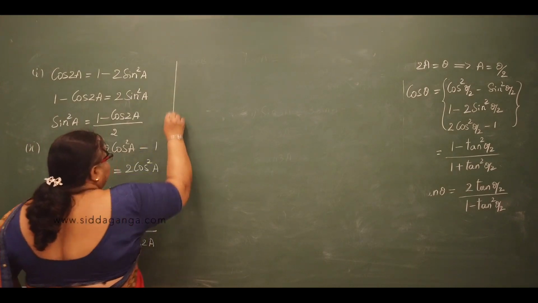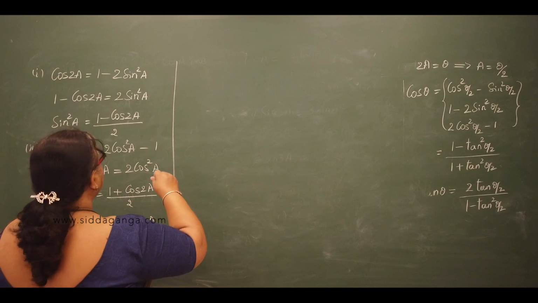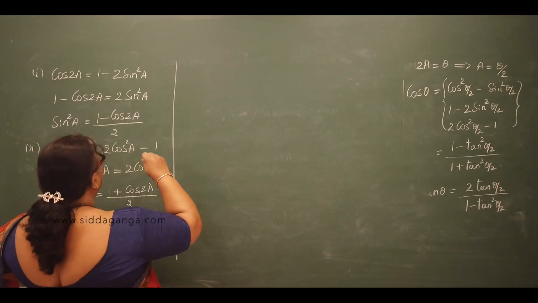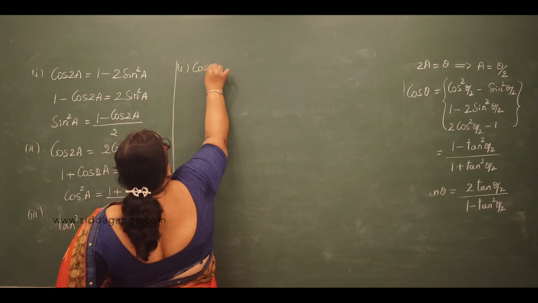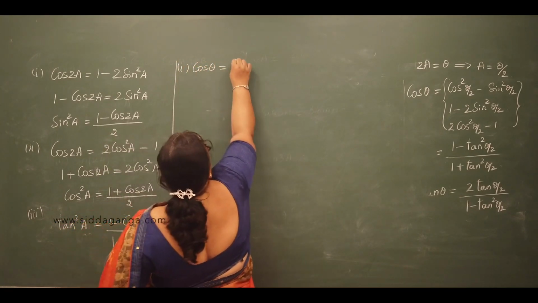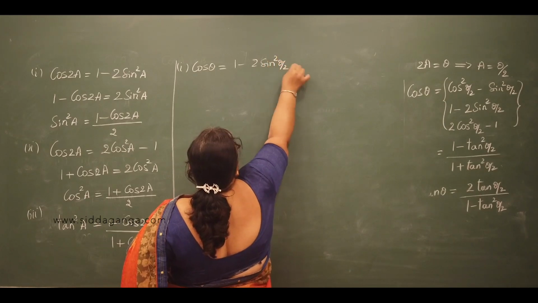So similarly for the half angle expressions also, we have cos theta. First one is cos theta equal to 1 minus 2 sin square theta by 2.